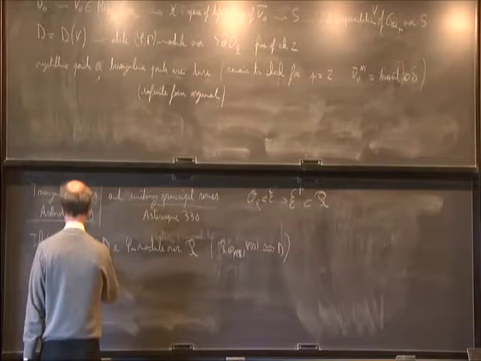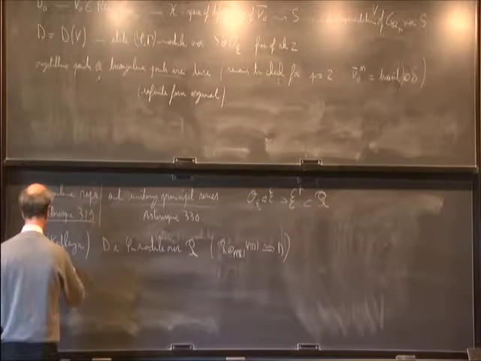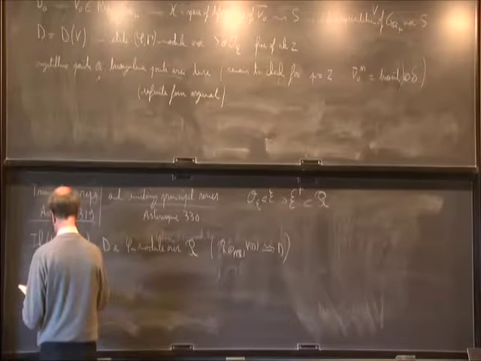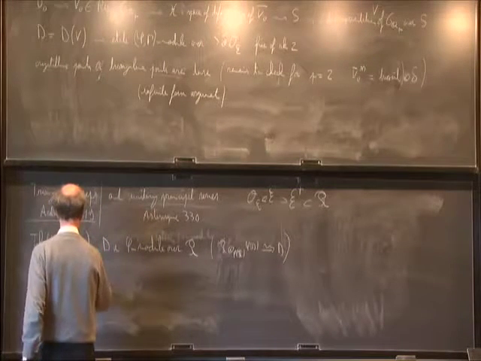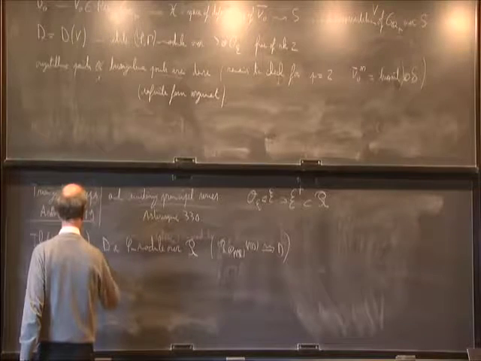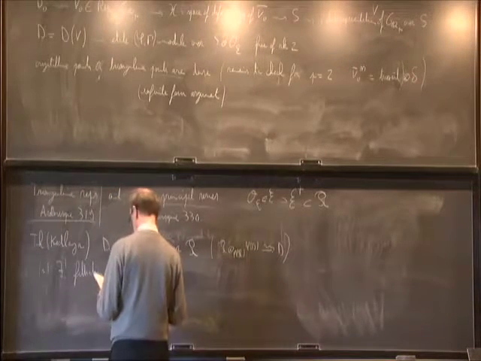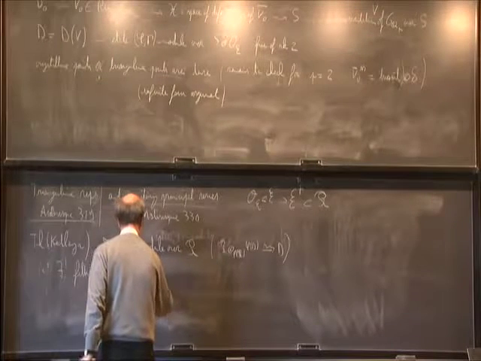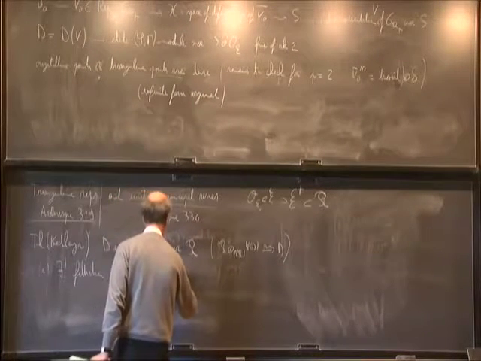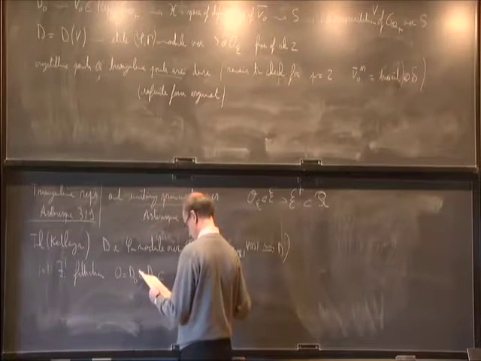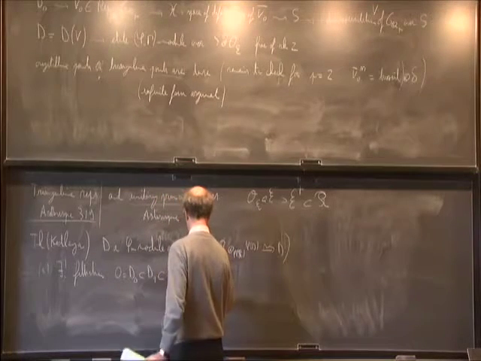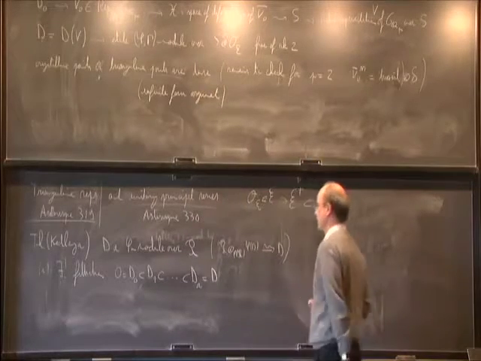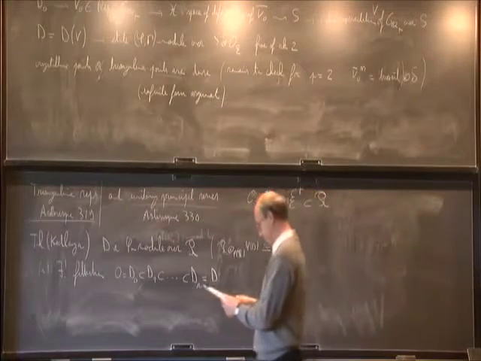Then the theorem is the following. First, there exists a unique filtration by sub-phi modules. So the first one is called D0 inside D1, inside the loop, inside Dr, let's say, which is D, with the following properties.